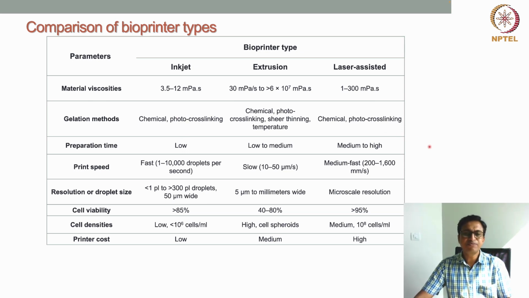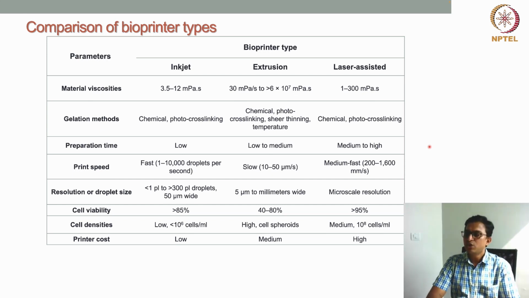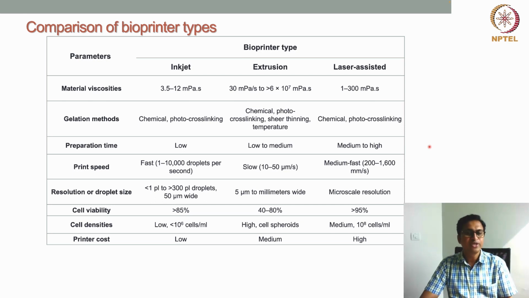Now let's go to the preparation time. Preparation time means, starting from the bioink preparation to the printing, the generation of the CAD model, even creating and writing the printing codes, everything comes under this preparation time. In the case of inkjet, because the process is very simple, we don't have a very high preparation time. The bioink can be prepared very fast.